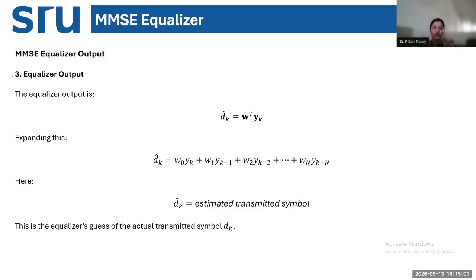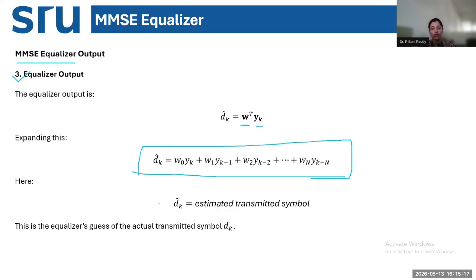So now the equalizer output for the MMSE equalizer will be calculated. How is it calculated? We are going to multiply the weights with the received signal components. So we are simply going to multiply this. This is my regenerated output at the equalizer output, at the receiver side.